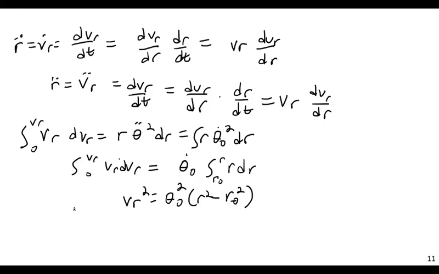And then if I substitute back in known quantities into the transverse equation to find the expression, I can take this and substitute into the other equation, and I get that F is equal to 2m theta naught dot times the square root of r squared minus r naught squared. Let me just put a big box around all of this.